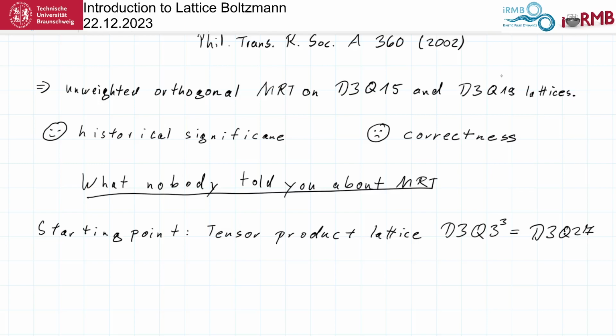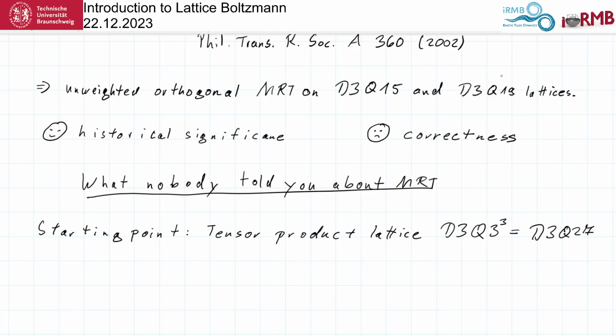Actually, the way the usual MRT methods have been derived, quite interestingly, leads to an unstable method if you try to apply this to D3Q27. The reasons for this are a little bit complicated, but they can be derived.